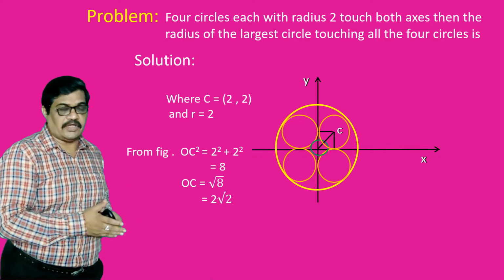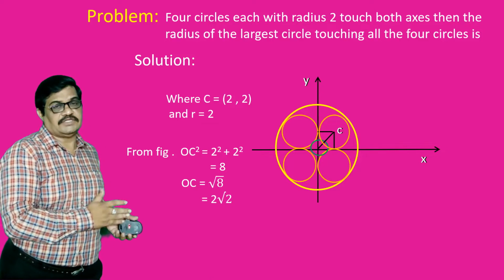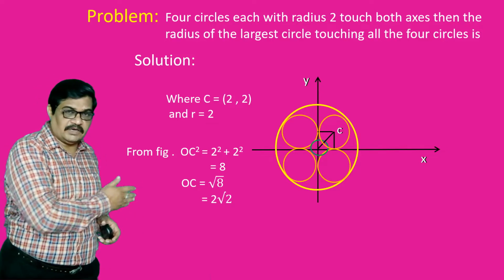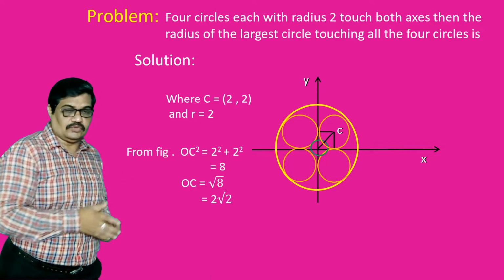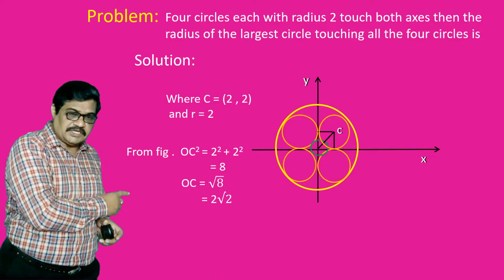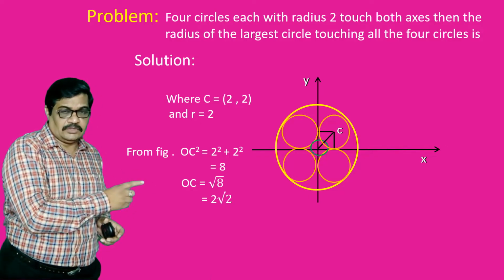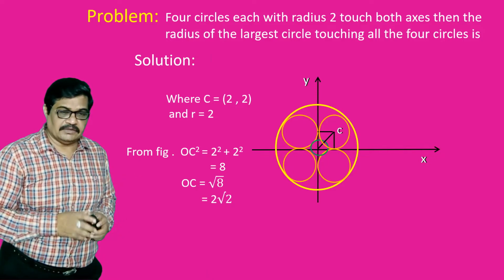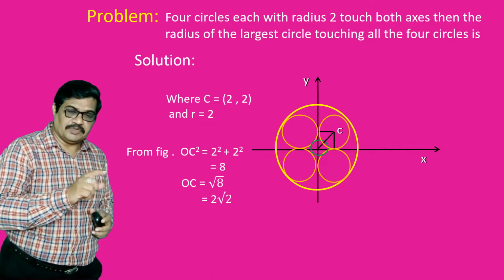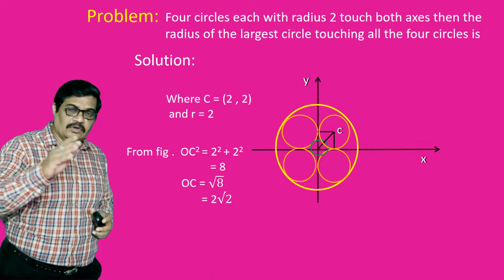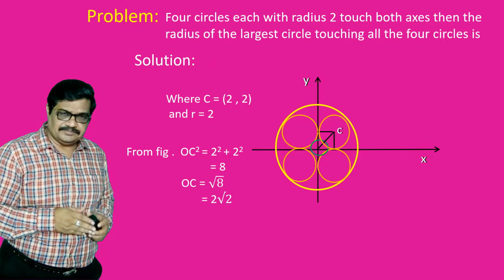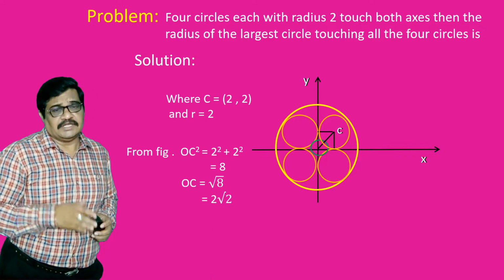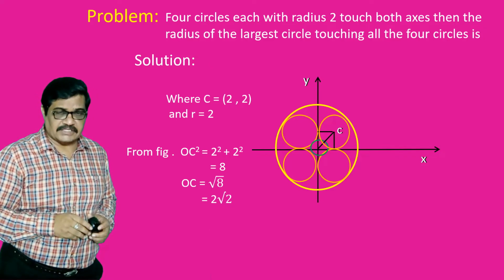From that OC squared is equal to 8, OC is equal to root 8, that is 2 root 2. Here OC is the distance from the origin to the center of the first circle, in the first quadrant. From the center to the largest circle is the radius of the inner circle.